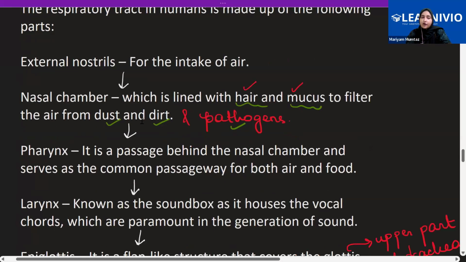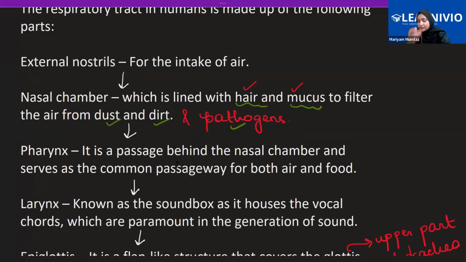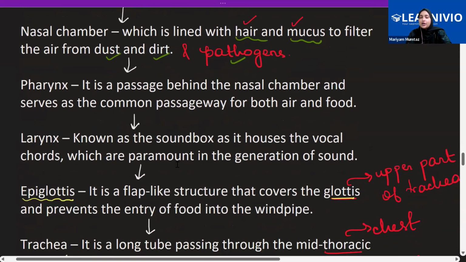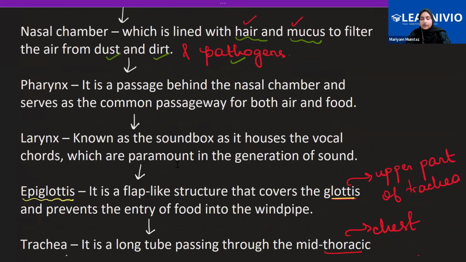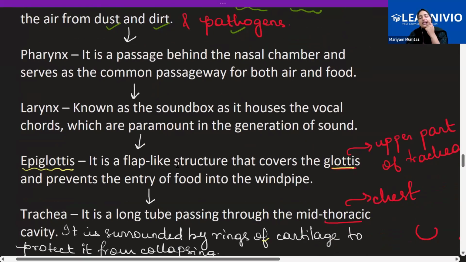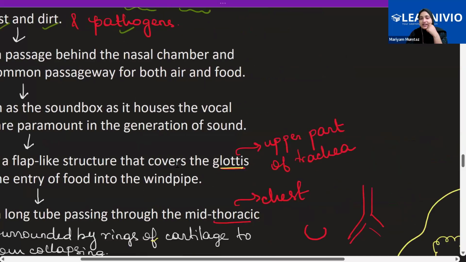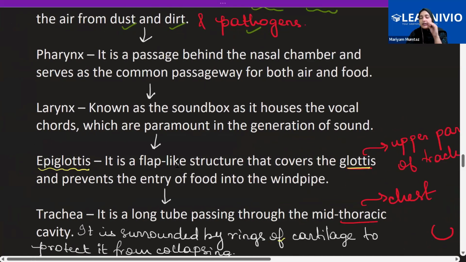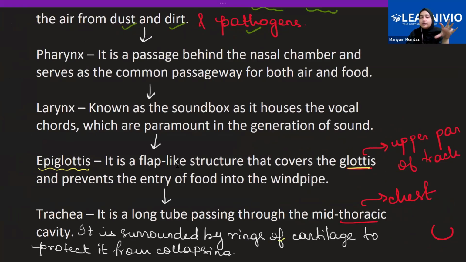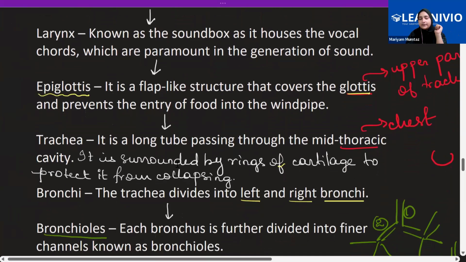Then from the nasal chamber, the air moves to the pharynx, which is the passage behind the nasal chamber, and it serves as a common passage for air and food. From the pharynx, it goes into the larynx, where the vocal cords are present, and it is the sound box. Then the epiglottis is a flap-like structure that covers the glottis, which is the opening of the trachea, and it does not let any food particle move inside the trachea or the windpipe.